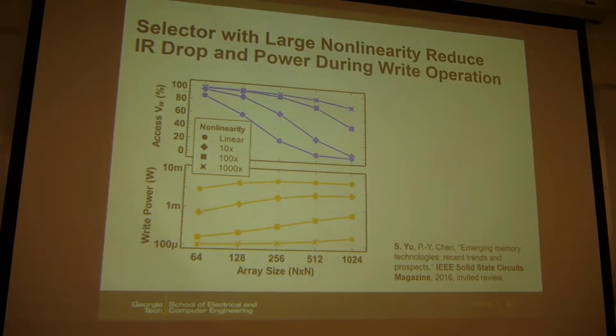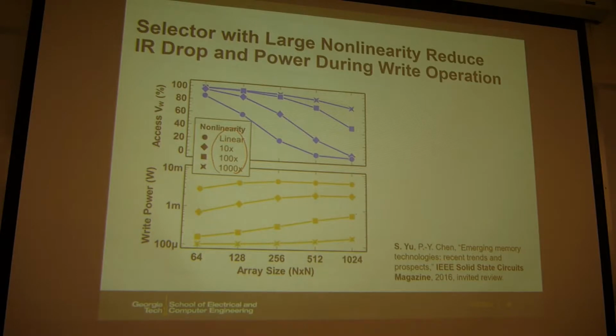And adding the selector will help. You can reduce the sneak path, so you reduce the current flowing along that wire, so you reduce the IR drop, and you can also improve the write margin. So here are some SPICE simulation results, considering the nonlinearity of the selector.